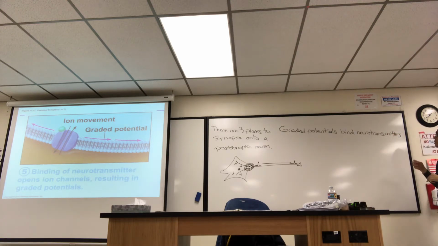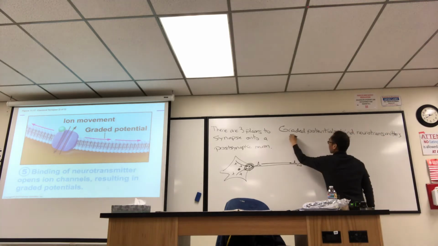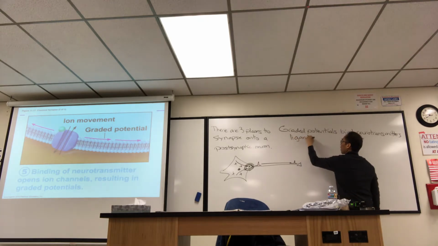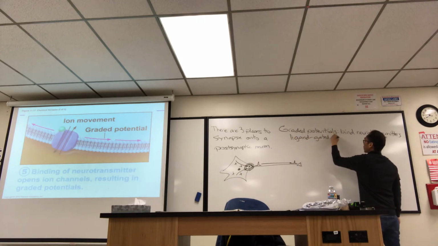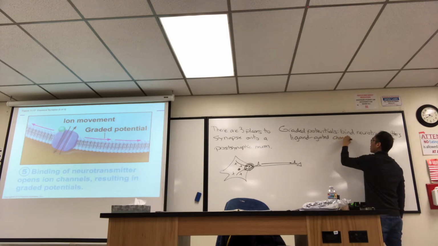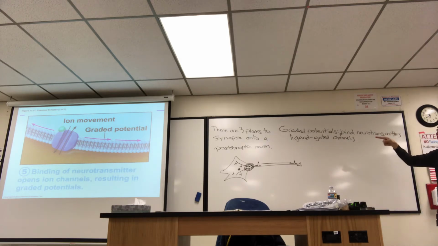All right, so graded potentials, they bind, I should say, ligand-gated channels. Kind of messed up my thought. It's the ligand-gated channels that arrow up here that bind neurotransmitters, and that's what's shown there.